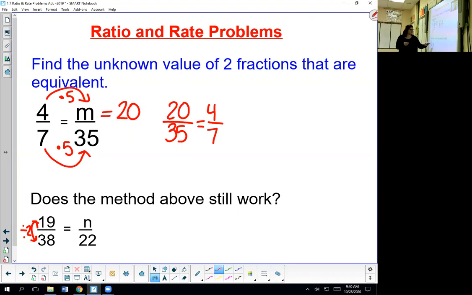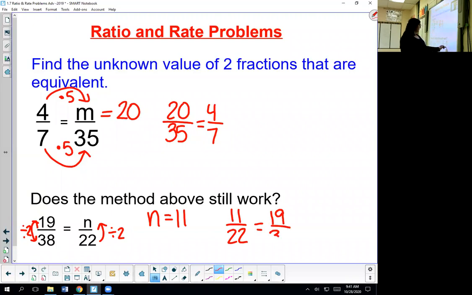So therefore, if I do the same thing over here and cut it in half, I should get the equivalent value. So what would that be? Well, N would be 11. So let's see, 11 over 22 is equivalent to 19 over 38. Okay? And therefore, you can see that they are both equal to a half.